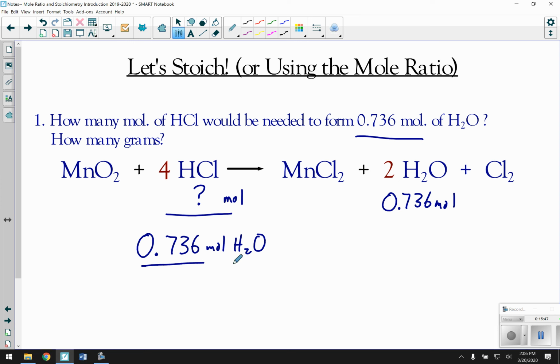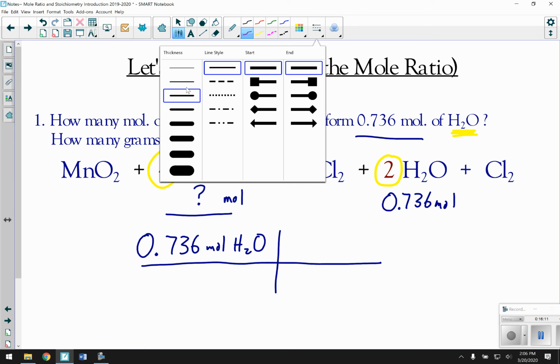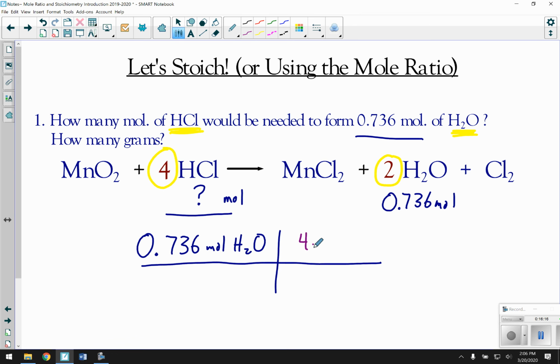Now, one way we can do this is to use our mole ratio. There's going to be 4 HCl for every 2 moles of water, so we can write that mole ratio, 4 to 2, as a conversion factor. Check this out. For every 4 moles of HCl in my balanced equation, I have 2 moles of water.